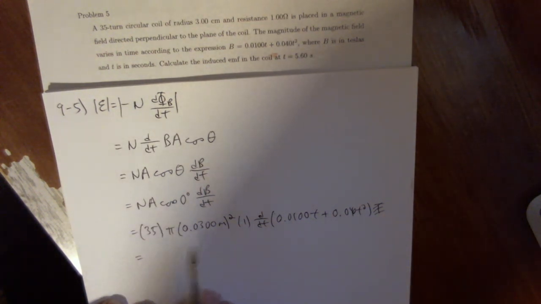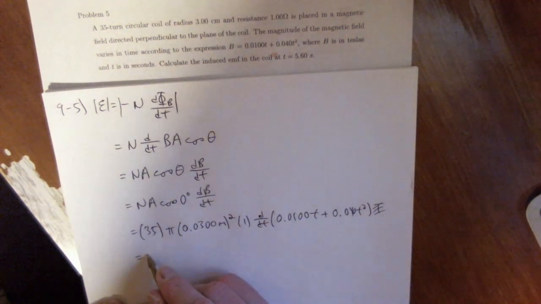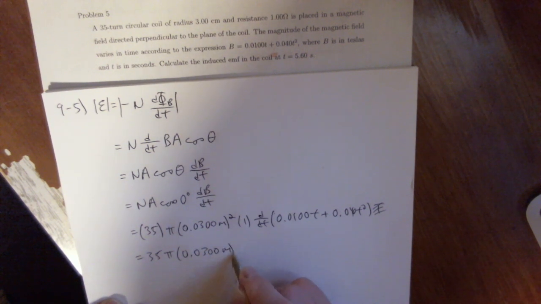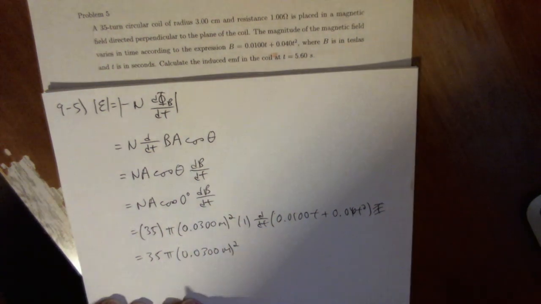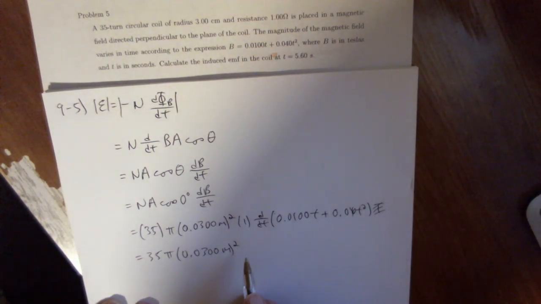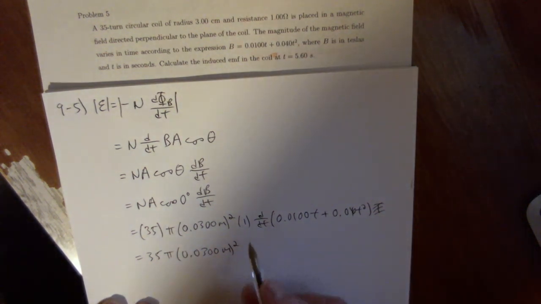So anyway, 35 times all of this stuff. I'll just leave that as it is, 0.0300 meters squared, and then times 1 times d dt of this whole thing.